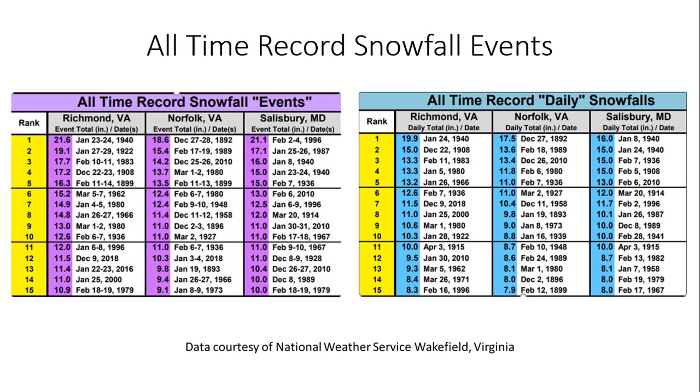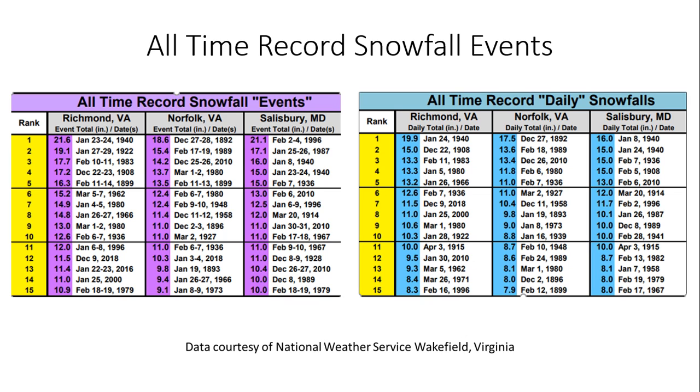Number 1 on the Norfolk list for an actual record snowfall event was December 27th and 28th, just after Christmas in the year 1892, when 18.6 inches of snow fell with 1 storm. February 17th through the 19th, 1989, 15.4 inches of snow fell over that period. December 25th and 26th, 2010, snow started falling on Christmas and lasted into the next morning, and 14.2 inches of snow fell.